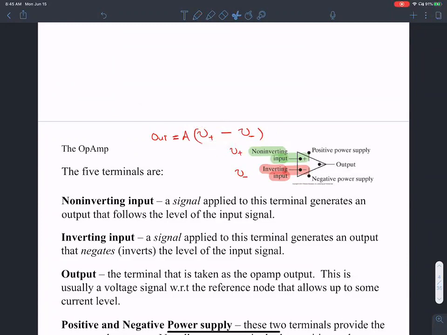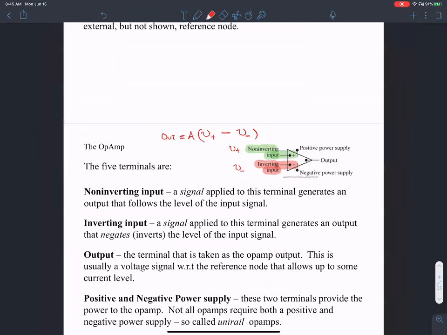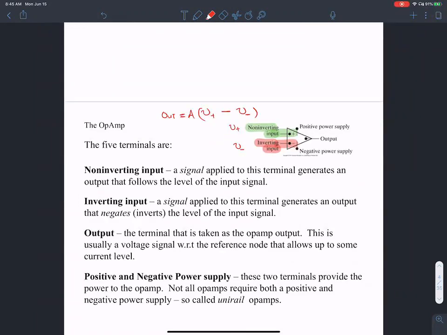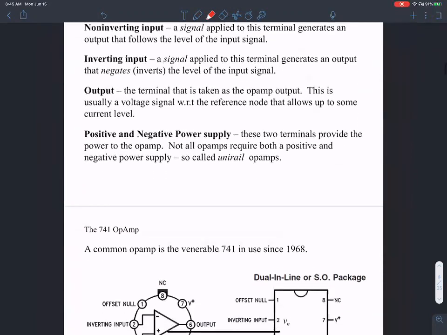So because the input applied to the negative terminal appears in the subtraction with a negative sign, we call it the inverting input. So there are positive and negative supplies.